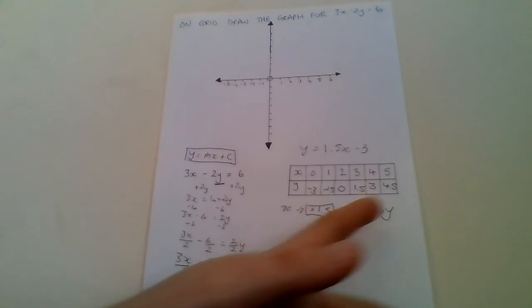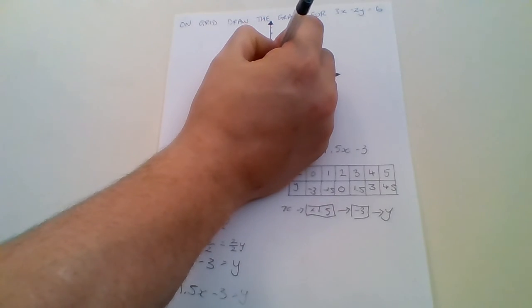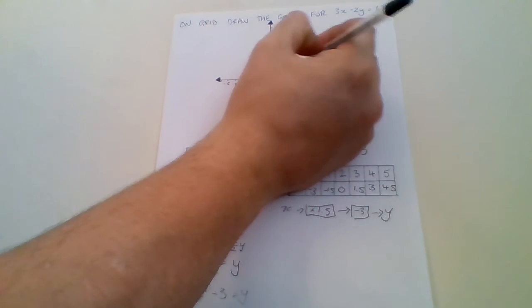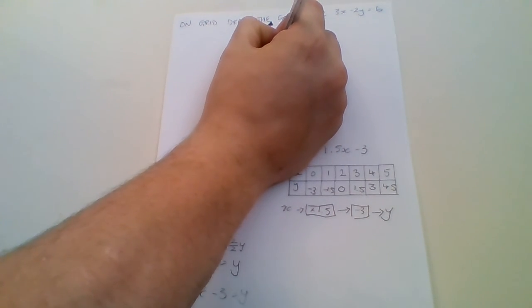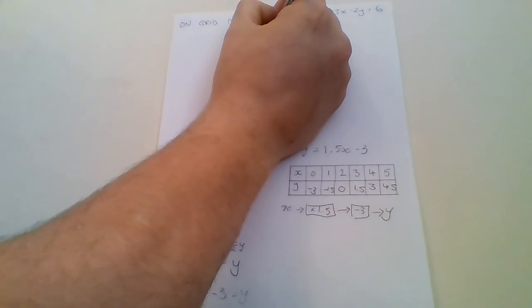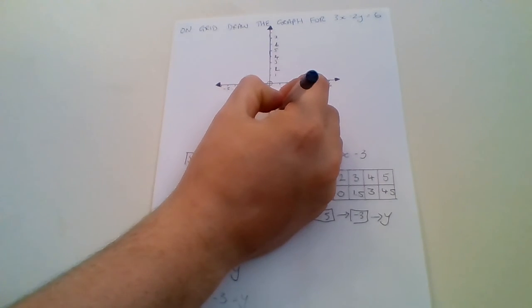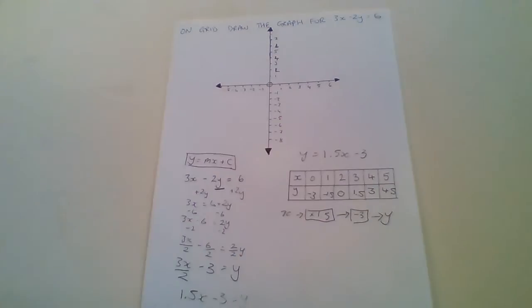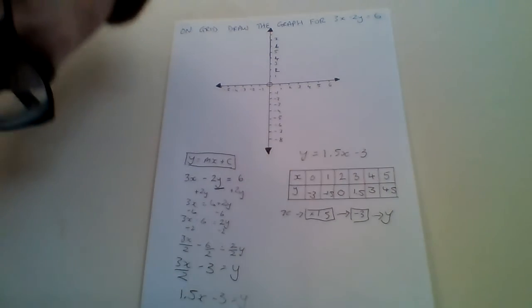And because my y values go from 4.5 down to minus 3, again, I'm going to go up in 1s. So 1, 2, 3, 4, 5, 6, 7. And then minus 1, minus 2, minus 3. Try and use a scale bigger than you need, so you've got plenty of space to plot your coordinates.